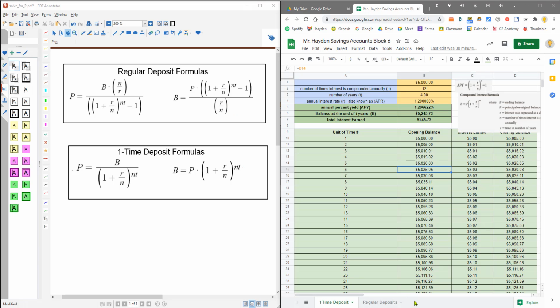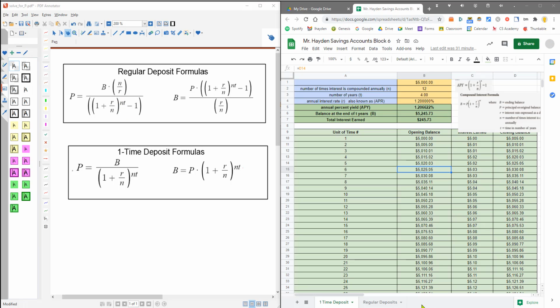So now we're going to add two sheets that will compute P, or the principal. Instead of being given P and computing B, we're given B and computing P. The other day for block 6, we had an in-class exercise where we were rewriting the compound interest formulas, solving for P instead of B. The formulas that we ended up with are right here on the left-hand side for both the one-time deposit and the regular deposits.